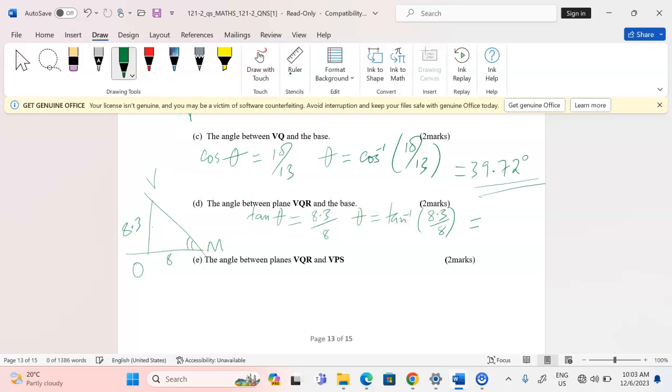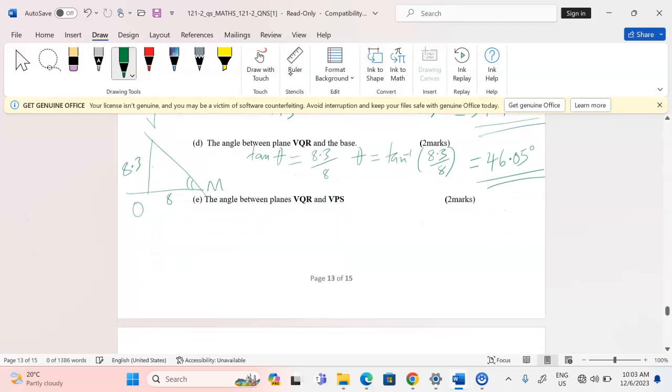This can be evaluated as shift tan of 8.3 divided by 8, and this is going to be 46.05 degrees. So that is the angle.